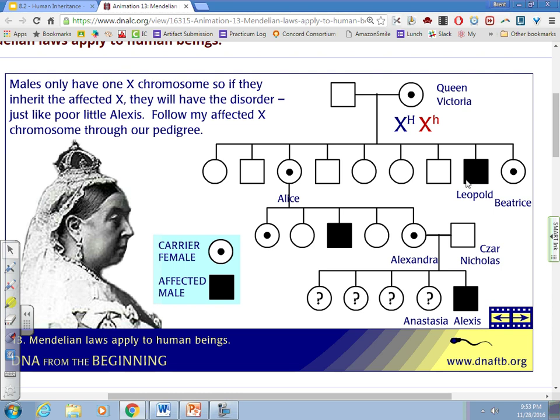Follow my affected X chromosome through our pedigree. Well, the affected X went there, it went there, it went there, and from here went to there, and there, and there, and there, and maybe down here.